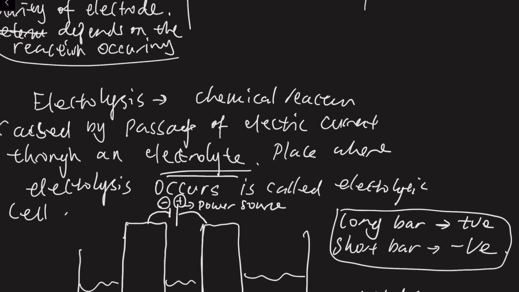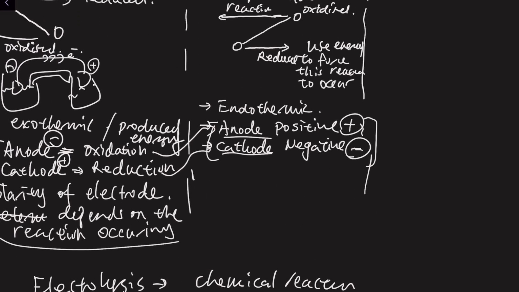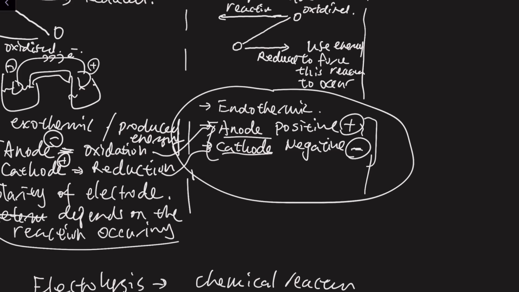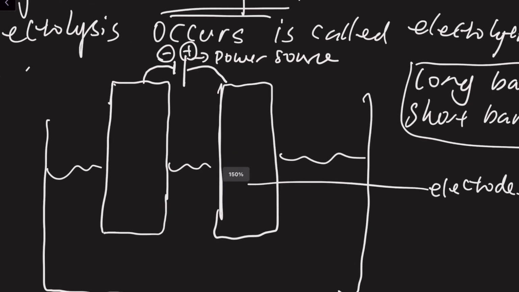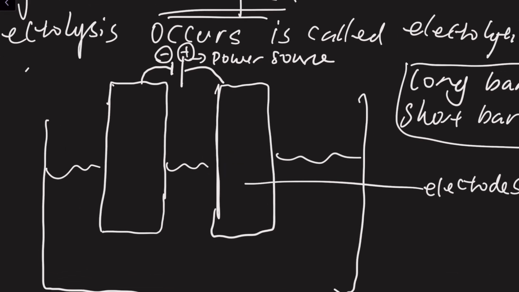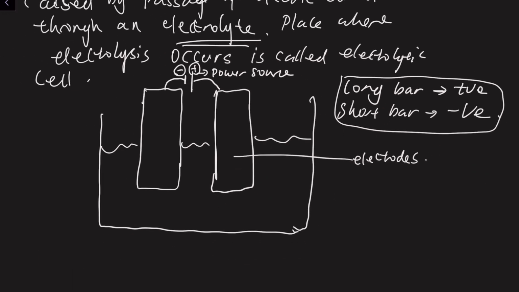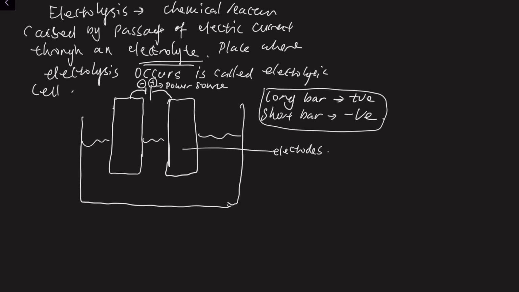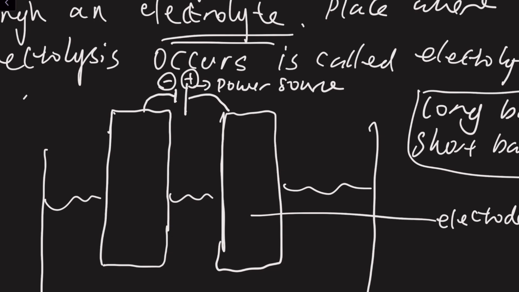From the introduction, we know that the anode is positive. Essentially what this setup is doing is that the positive side of the power source attracts electrons, and the negative part of the power source repels electrons.